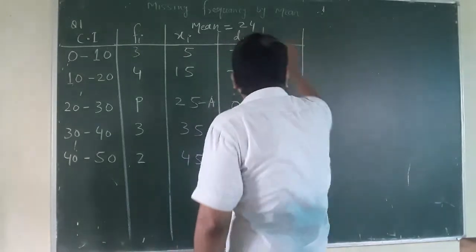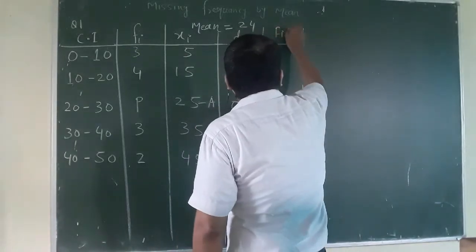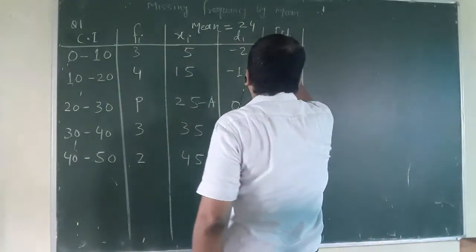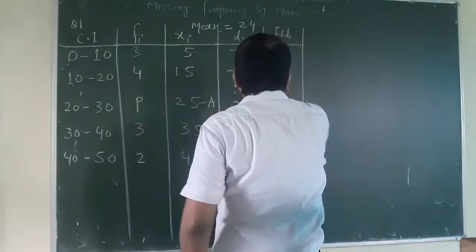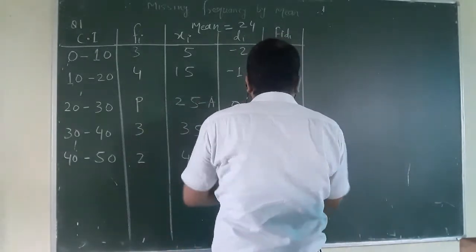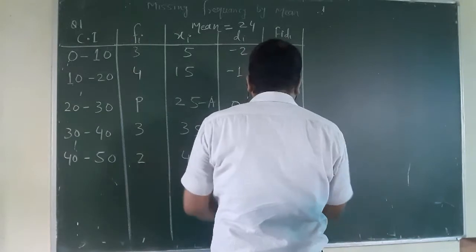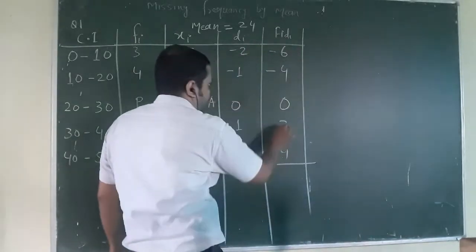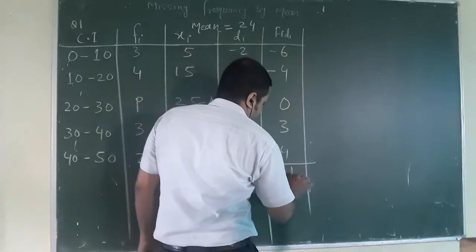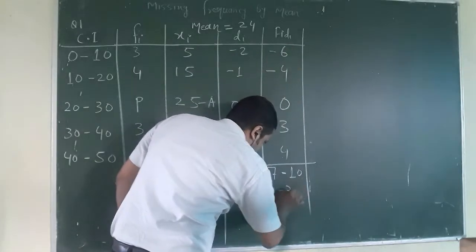Now fi di: 3 times minus 2 is minus 6, 4 into minus 1 is minus 4, p into 0 is 0, 3 into 1 is 3, 2 into 2 is 4. Add 4 and 3, that is 7, minus 6, minus 4, that is minus 10, resultant minus 3.